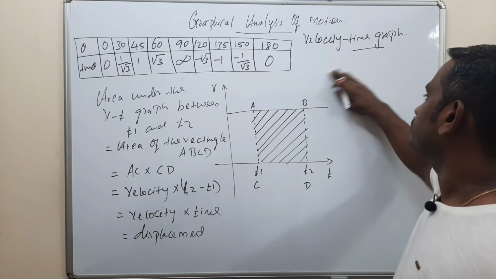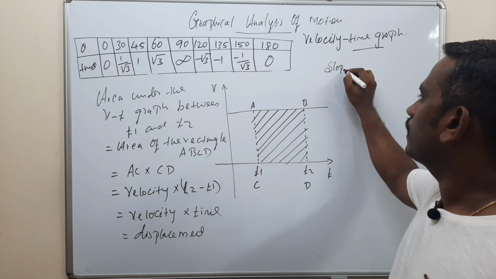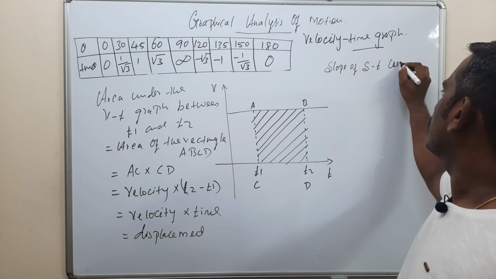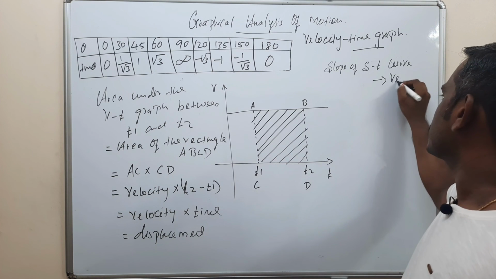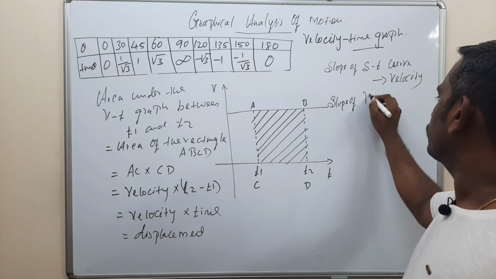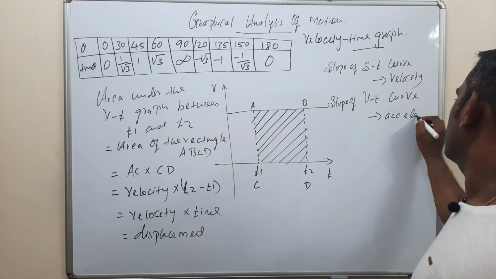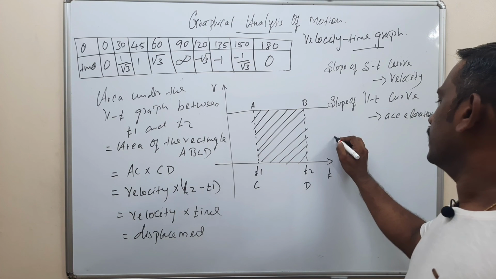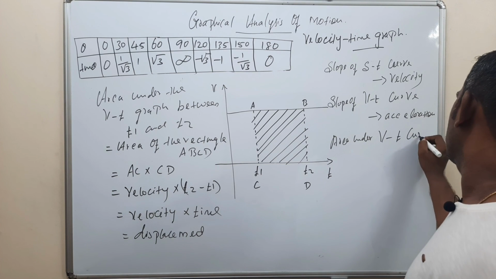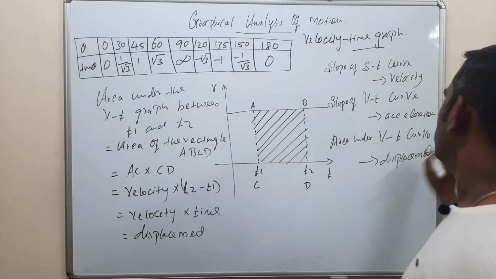So, the slope of the ST curve gives velocity, the slope of the VT curve gives acceleration, and the area under the VT curve gives displacement.